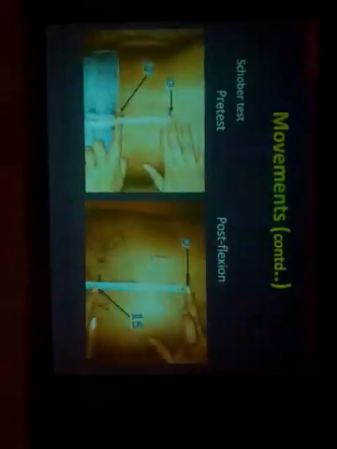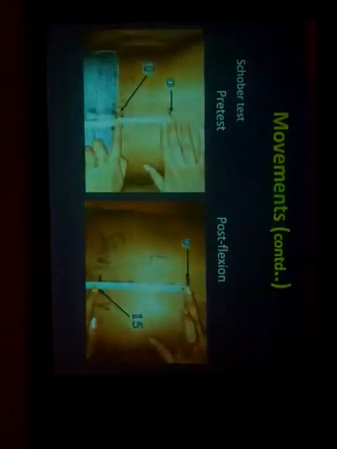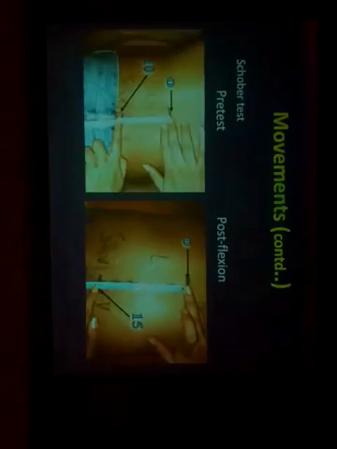Similarly, for testing flexion in the lumbar spine, use Schober's test or the modified Schober's test. In Schober's test, a 10 centimeter mark of the tape is kept near the dimples of Venus, with the zero above. Ask the patient to bend forward and see how much movement there is in the lumbar spine.